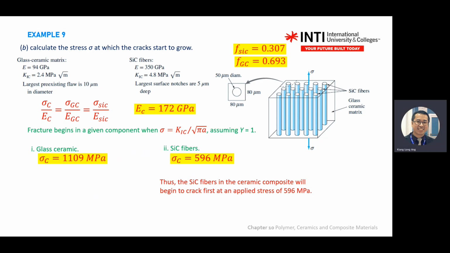So you have two KIC values you calculate, then the stress that can be handled by the ceramic is 1109, but the stress that can be handled by the SiC fiber is only 500 something. So if the two objects are stressed at the same time, of course the lower one will fail first. Right, lower value will fail first. So SiC fiber will fail and the crack will propagate first. Right?